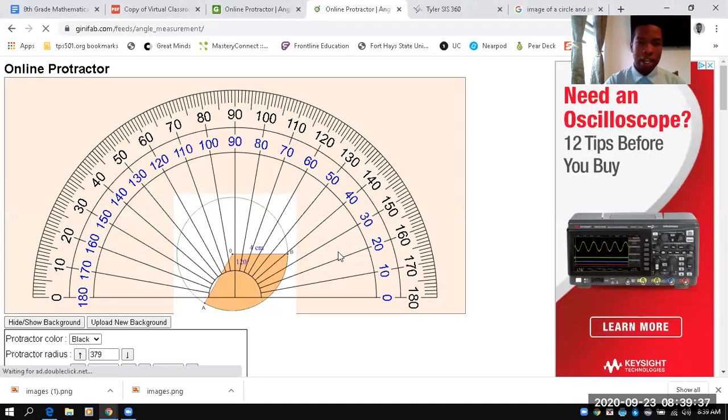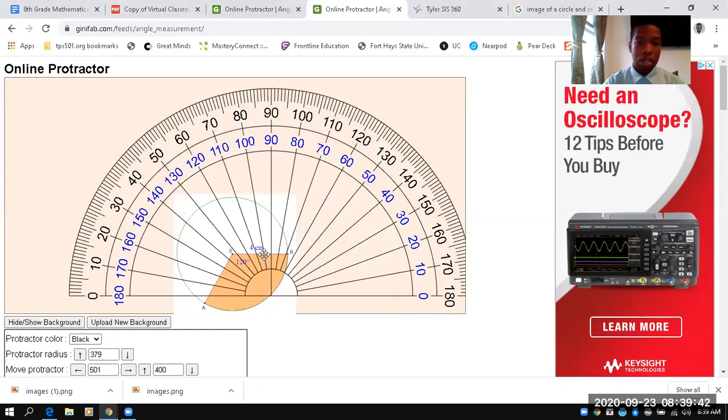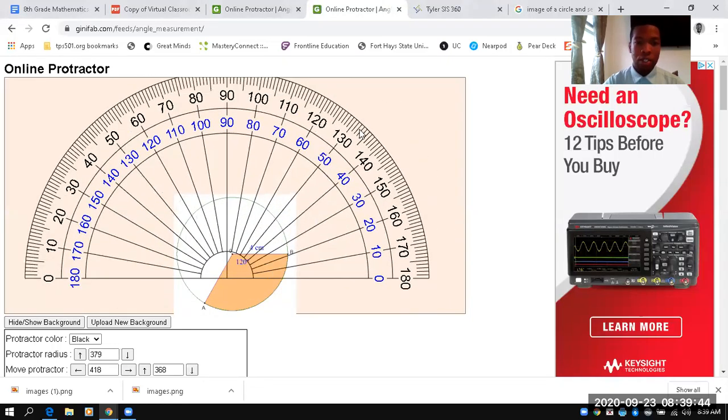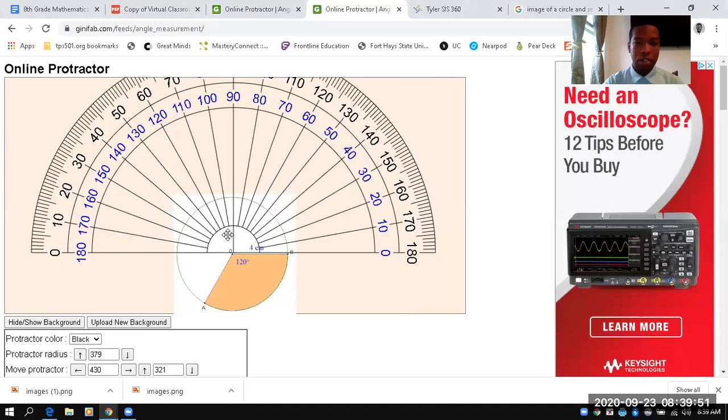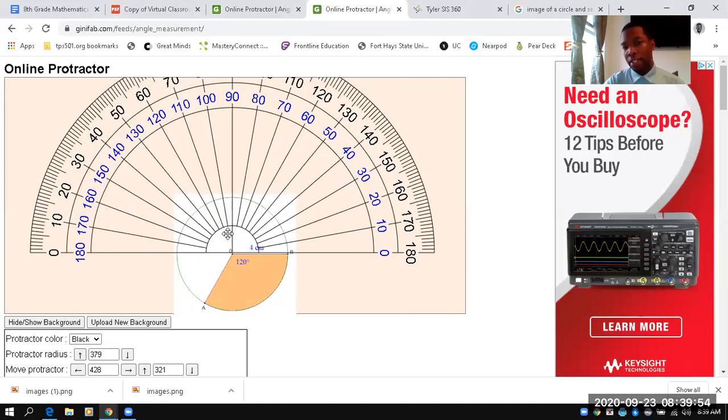And then once it's in, let's see if this turns around. I'm going to put my baseline here. I just realized that I need this to turn around. So can I get my image to turn around? No. It's not allowing my image to turn around.